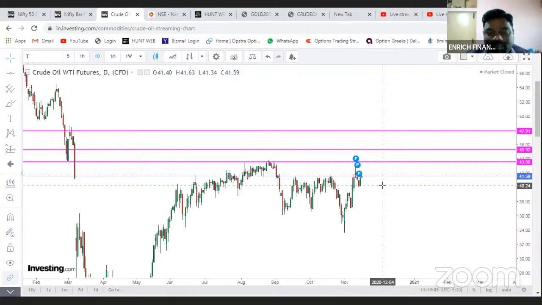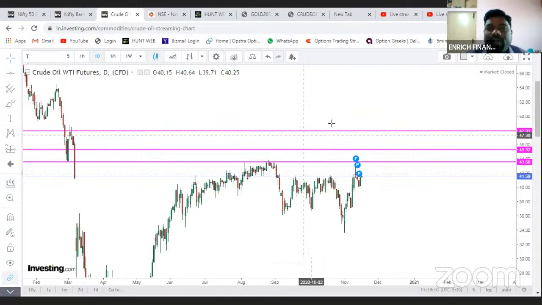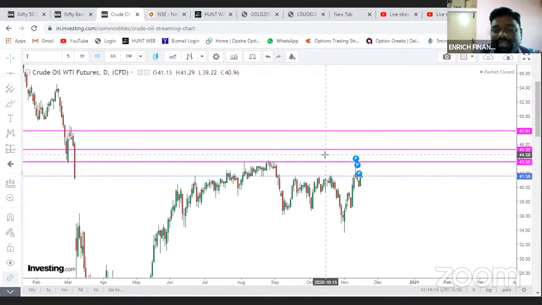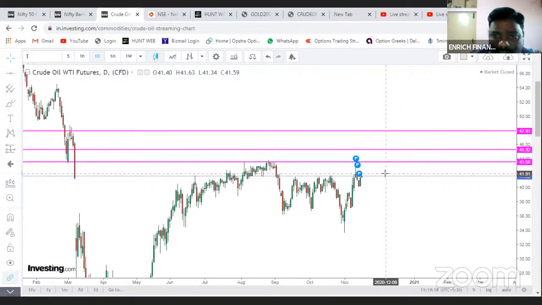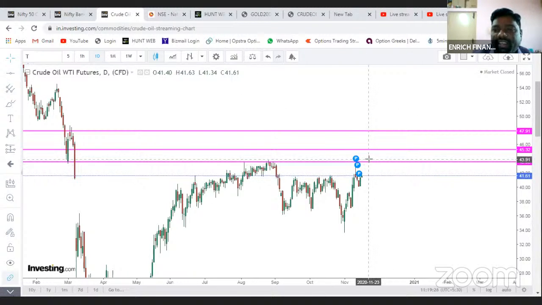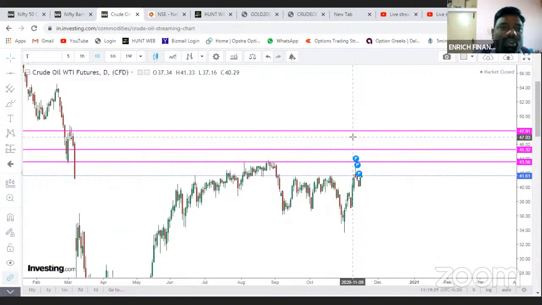And fundamentally in crude oil, the OPEC meeting at this November end, and the OPEC ministers' meeting, will both help with production cuts and increase demand. So overall in crude oil, this week we can expect around $43.9 in WTI crude oil.